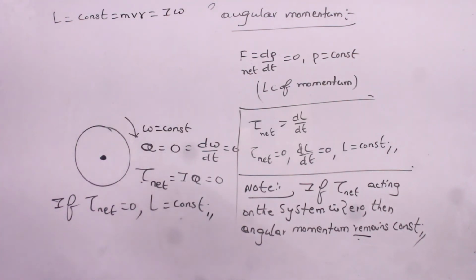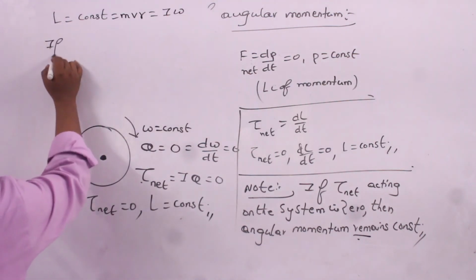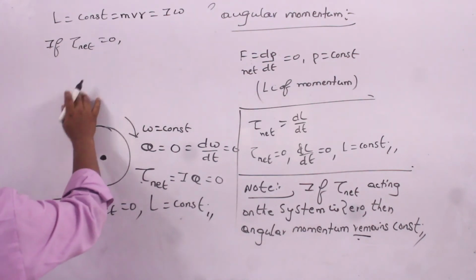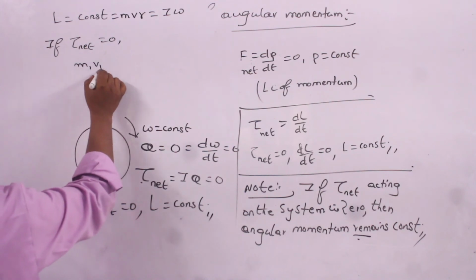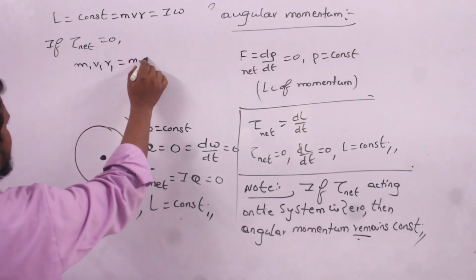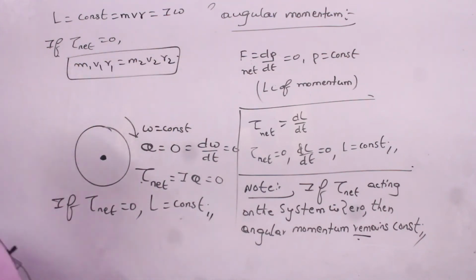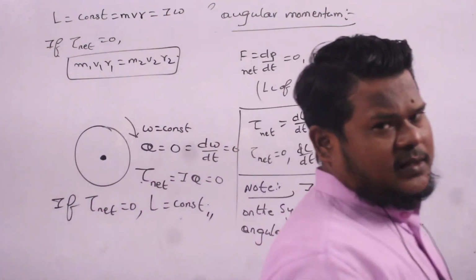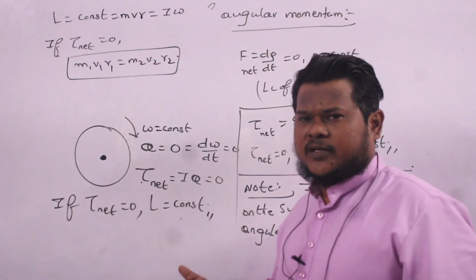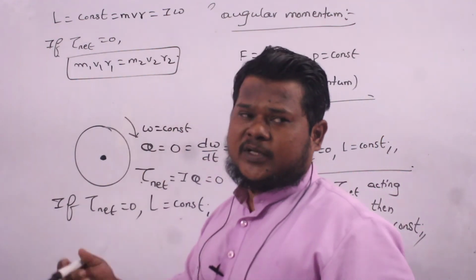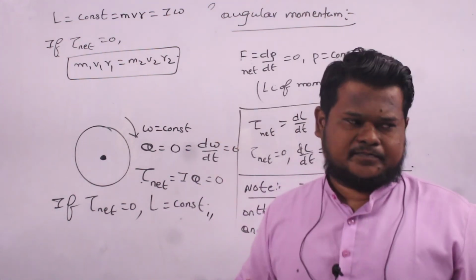So if net torque acting is 0, then I can write m1 v1 r1 is equal to m2 v2 r2. If torque is not acting on a system, initial angular momentum and final angular momentum must be equal.